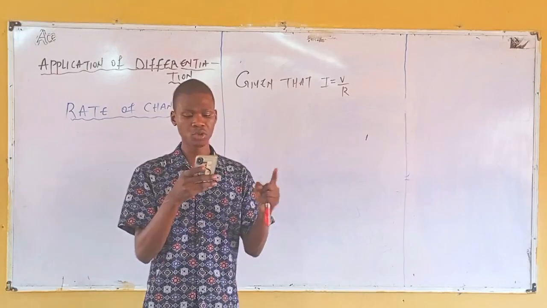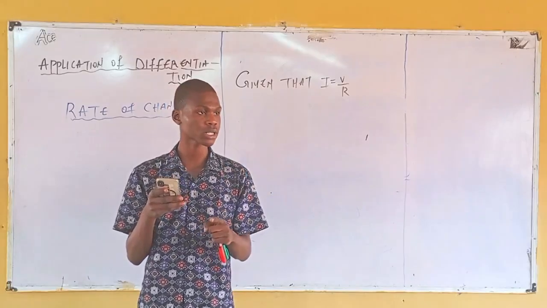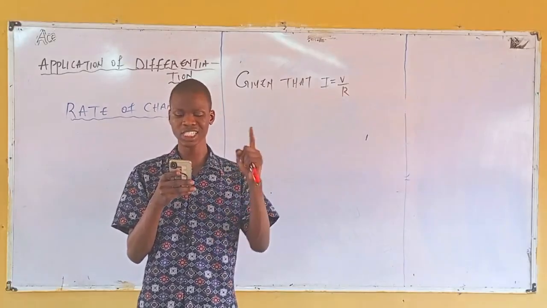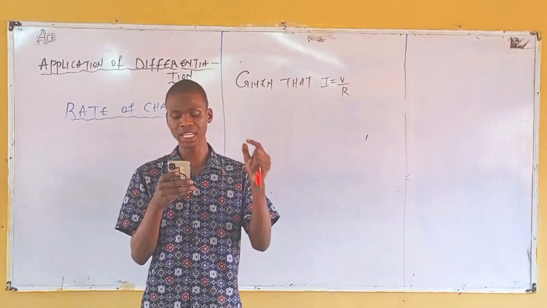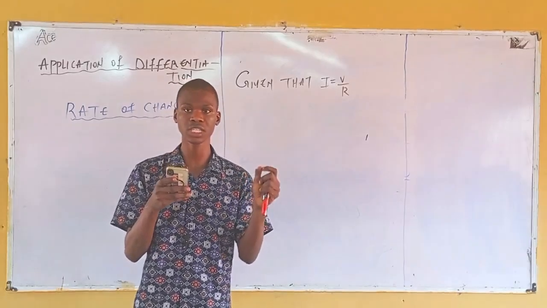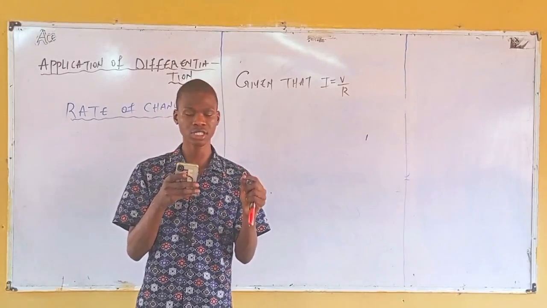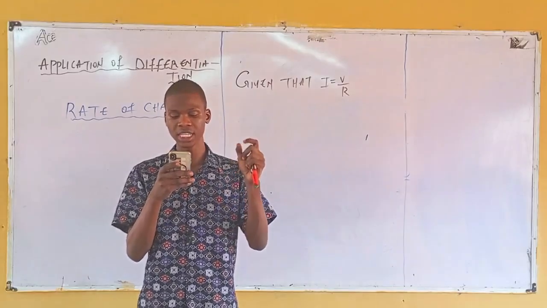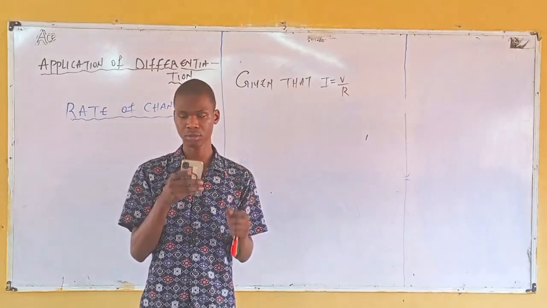Given that I is equals to V over R and V is equals to 250 volts, R equals to 50 ohms, determine the change in I resulting from an increase of 1 volt in V and an increase of 0.5 ohms in R.